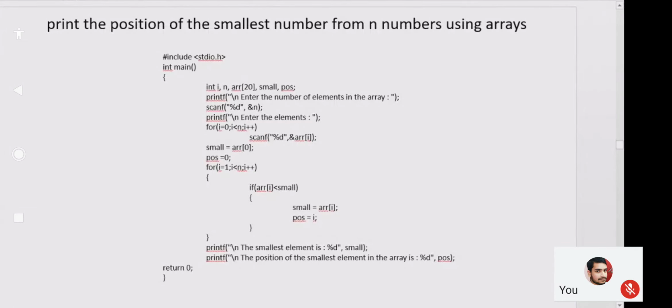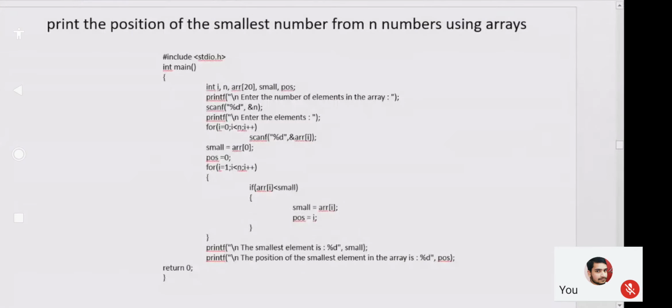Here I have taken the size as 20. It means you can store a maximum of 20 integers. Now enter the elements. You can enter 10 elements, 5 elements, or 19 elements also.